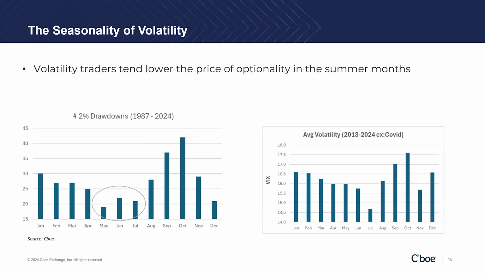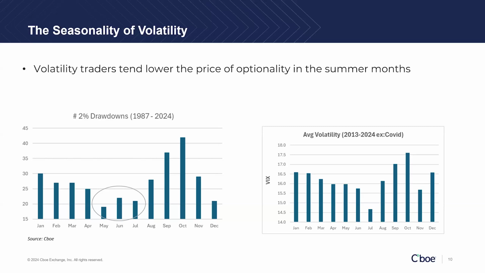All right. So there's a certain amount of seasonality to how traders price their premium in excess of economic fundamentals. And in part, that's due to expectations for how volatility trades throughout the year.